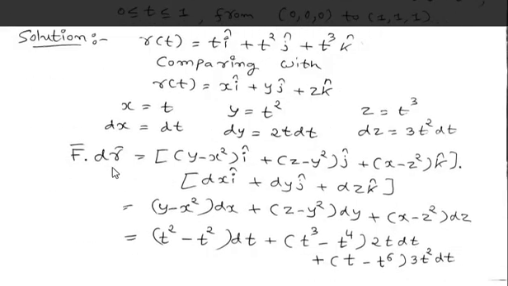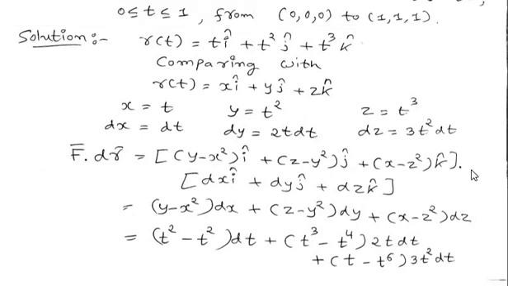Now find F bar dot dr bar. F bar is this vector field given to us, and dr bar is dx i + dy j + dz k cap. Now find the dot product of these two vectors. The result is (y − x²) dx + (z − y²) dy + (x − z²) dz. Now convert this F bar dot dr bar in terms of t.